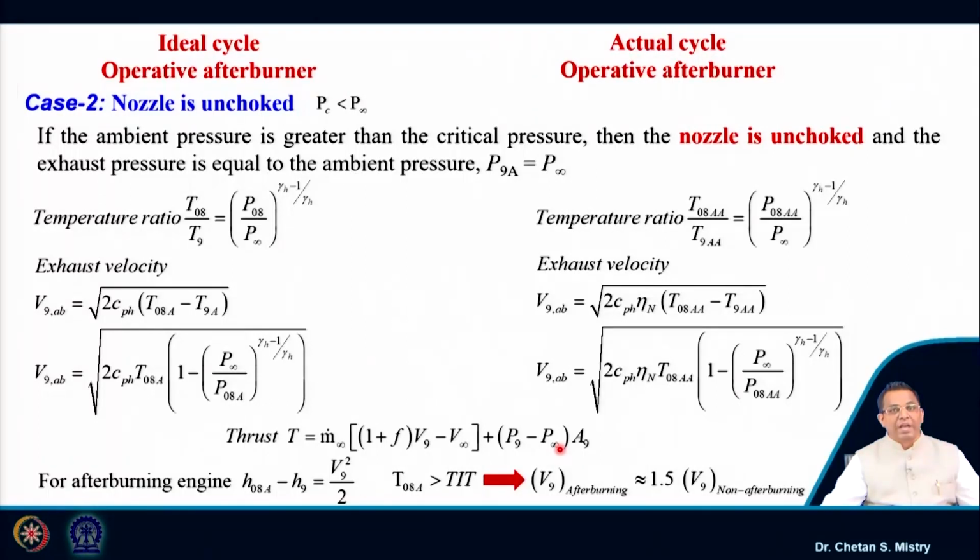Then my exit velocity, with the afterburner operational, will be approximately 1.5 times the V9 when the afterburner is non-operational. So, understand why we are looking for the operation of the afterburner, but in the same way you need to realize what the limitations are also.